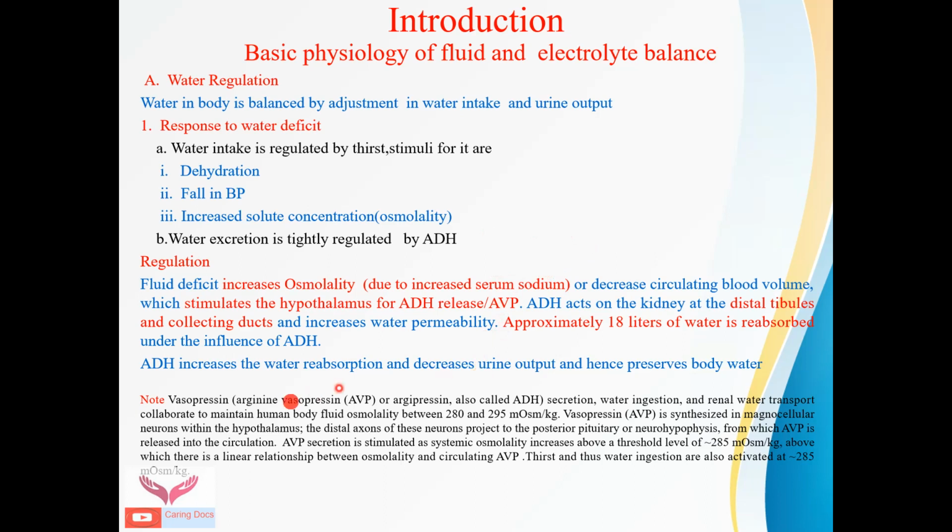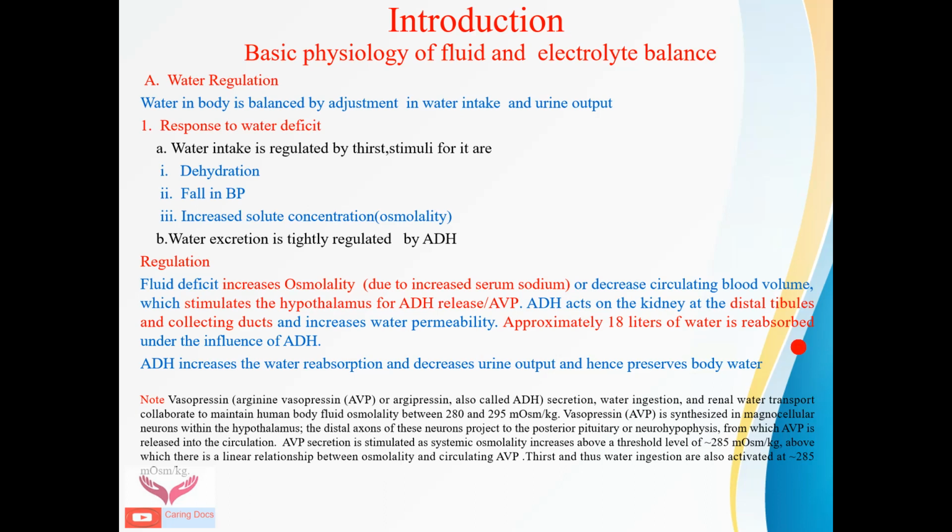It is secreted by the hypothalamus, and this ADH acts on the distal tubules and collecting ducts of the kidney and increases the water permeability, means it increases the reabsorption of water. So approximately 18 liters of water is reabsorbed under the influence of ADH.